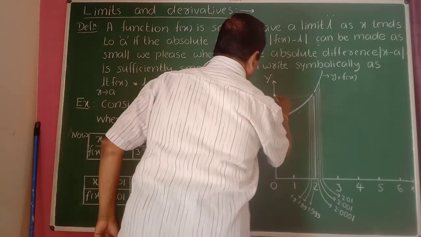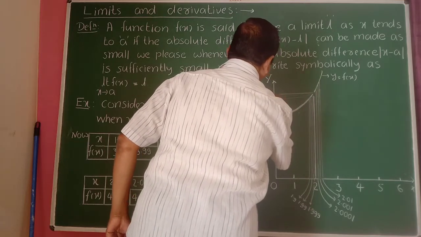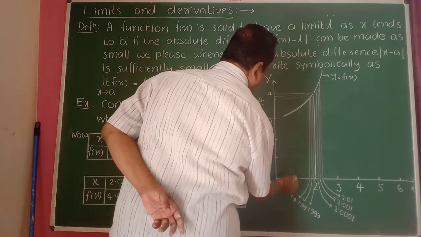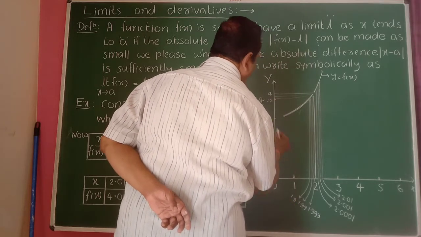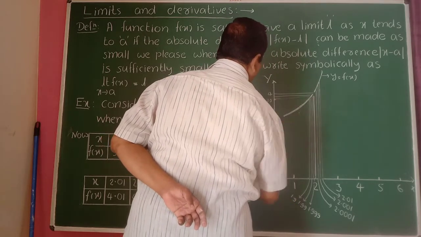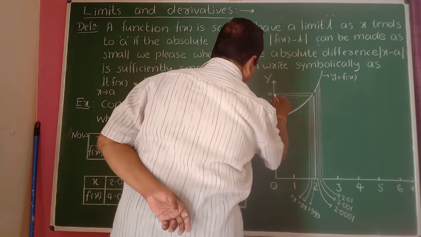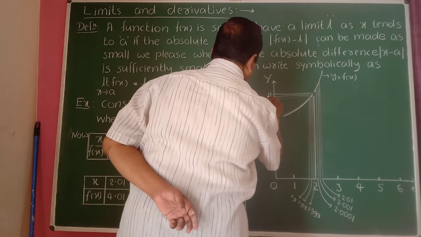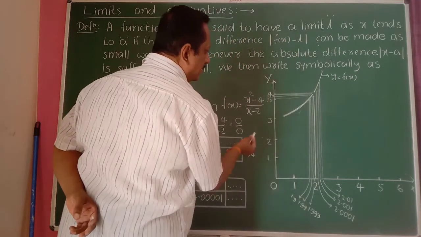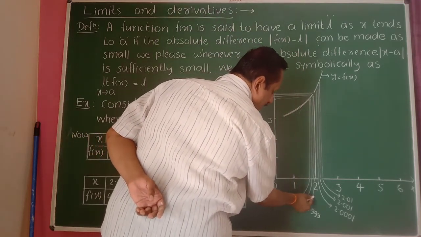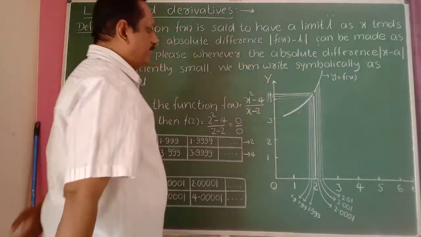When x is 1.9, this is 3.9. When it is 1.99, it gives 3.99. When 1.999, it gives 3.999, then 3.9999 and so on. So when x tends to 2 from the left hand side, f of x tends to 4.